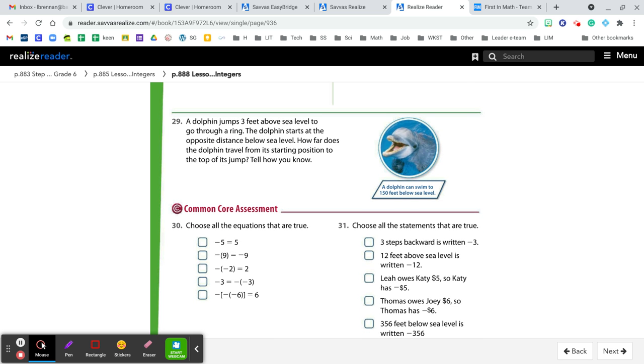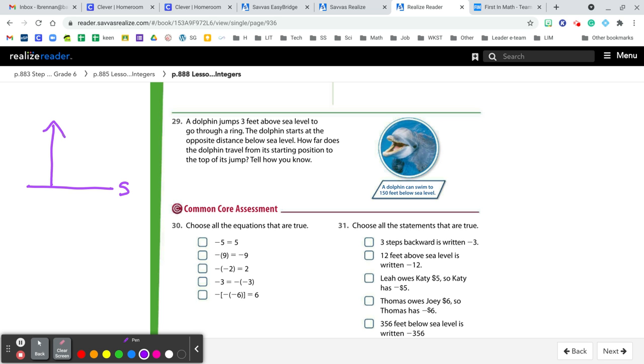A dolphin jumps 3 feet above sea level to go through a ring. The dolphin starts at the opposite distance below sea level. How far does the dolphin travel from its starting point to the top of the jump? The dolphin can swim to 150 feet below sea level. So he jumps 3. Here's sea level. You can draw a picture.